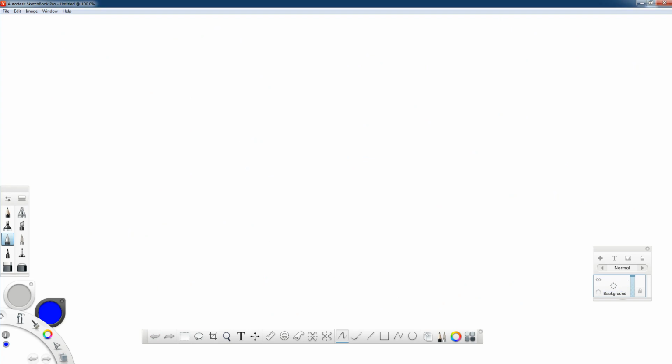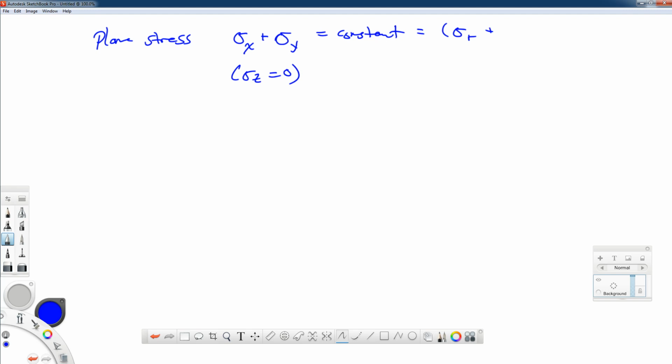Now in addition to that, we need to understand what the biharmonic equation looks like. And that's actually pretty easy. Easier than what we just did. For plane stress, sigma x plus sigma y is a constant, and sigma z is equal to 0 for plane stress. Well, if we take our stresses and add them up in any coordinate system, the normal stresses for plane stress will still have a constant.